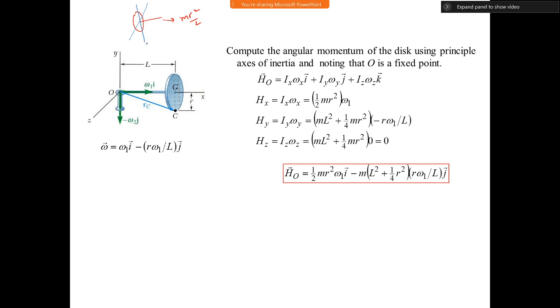These are all symmetric axes, and this is going to be m r square by 4 because this plus this is equal to this polar one. So this is m r square by 4.